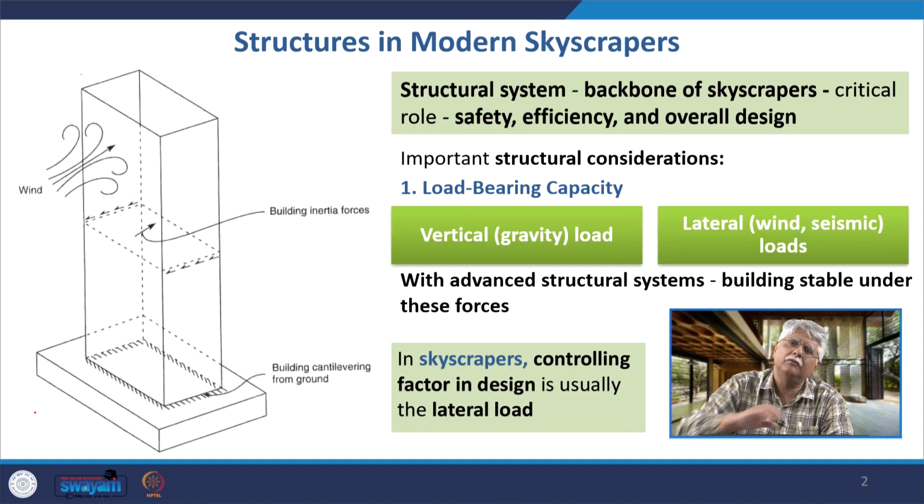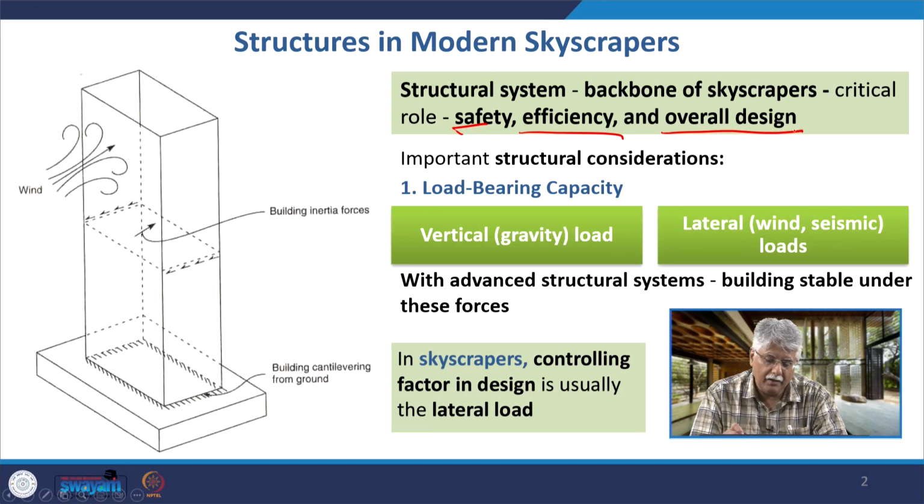But when we come to the standard glass and steel skyscraper of the 20th century, this was the structural system which was the backbone of the skyscraper, and its critical role was to provide safety, efficiency and overall design. The important structural considerations used to be, one, the capacity to bear load.